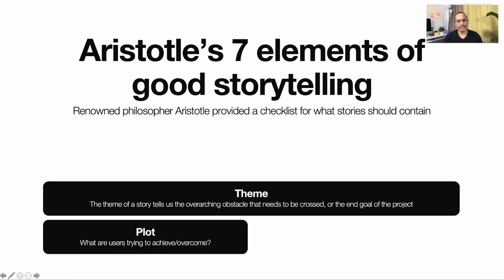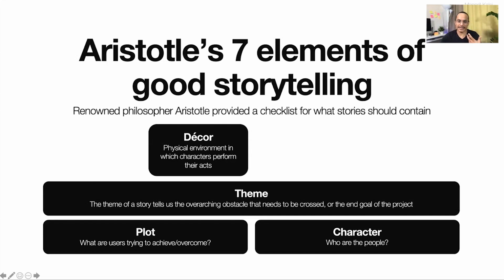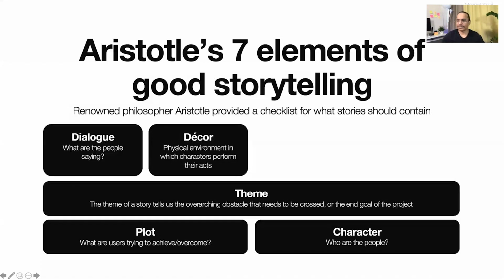And then we also try to understand the plot. So what are the users trying to achieve or overcome? What is the end goal? Similarly, we try to understand who are the characters of that story. Okay, that is basically, in our case, users. And decor is basically the physical environment in which characters perform their acts. Okay, and then we have dialogue. So basically, the interaction between the people, what they're showing, what they're talking about, and so on.